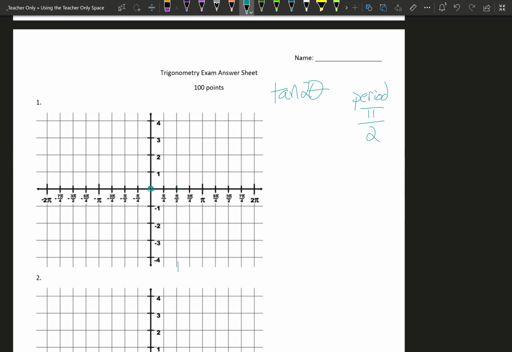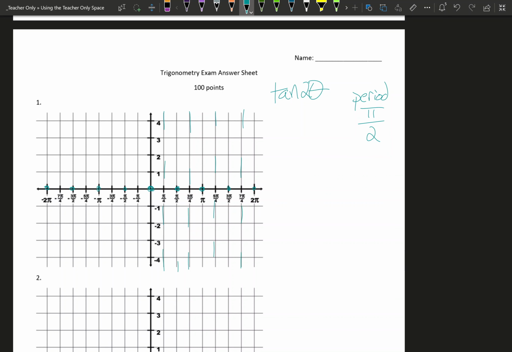So that means every pi over 2, this graph is going to have a 0. Halfway between all of those zeros, there are going to be vertical asymptotes. So this is going to compress the graph of tangent.